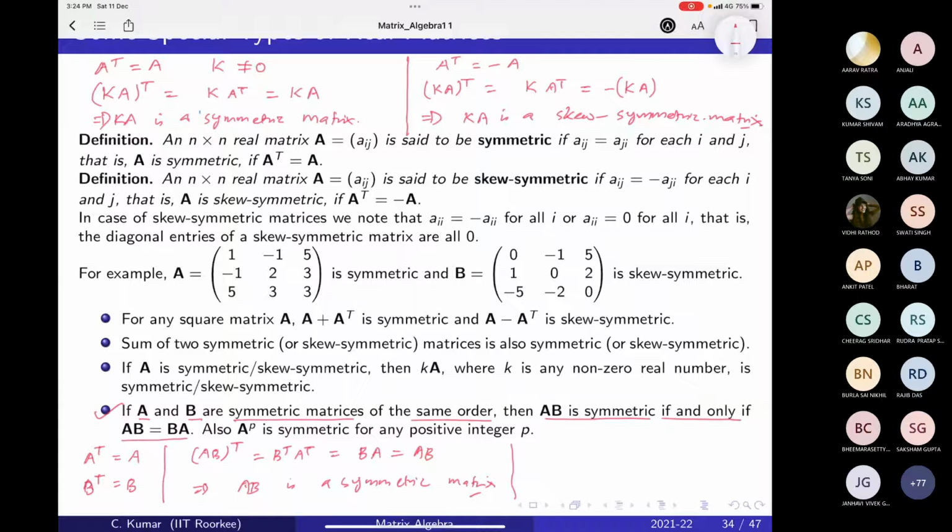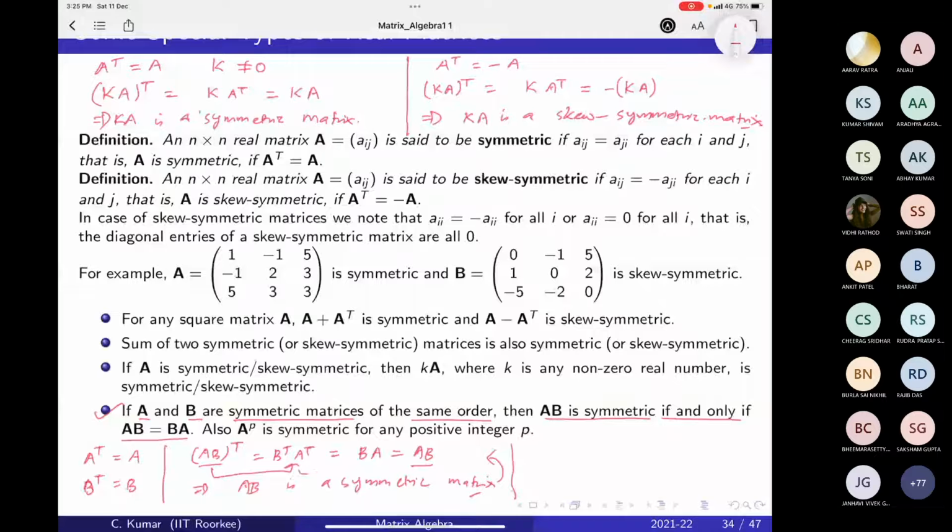And conversely, if we assume that AB is a symmetric matrix, then this is possible only if AB is equal to BA. Okay, so you can just proceed in the reverse direction. That means AB transpose is equal to AB. And then AB transpose can be written as B transpose A transpose.